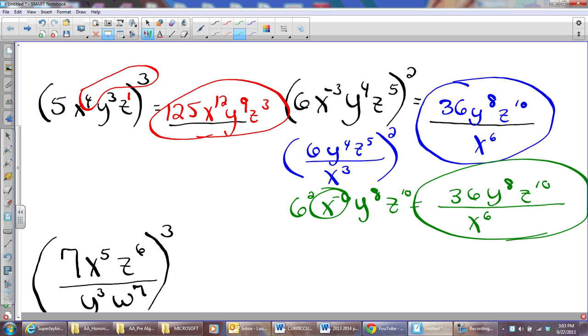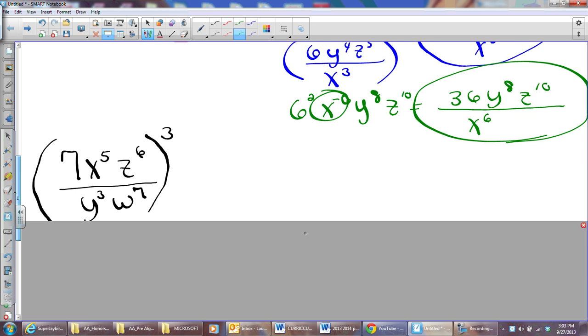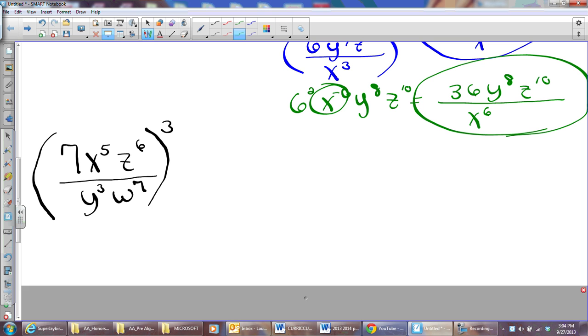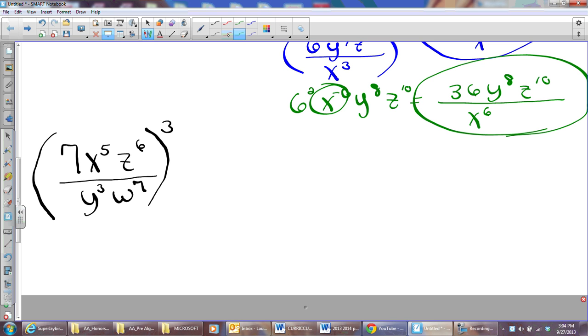All right, one more example for you, and that will be the end of this video. This problem should be no different than the one I just did. We're going to do 7 cubed, and x to the 5 times 3 power, z to the 6 times 3 power, y to the 3 times 3 power, and w to the 7 times 3 power.